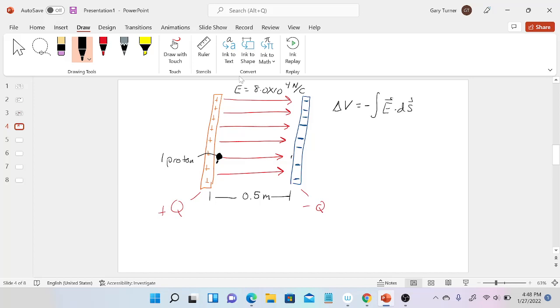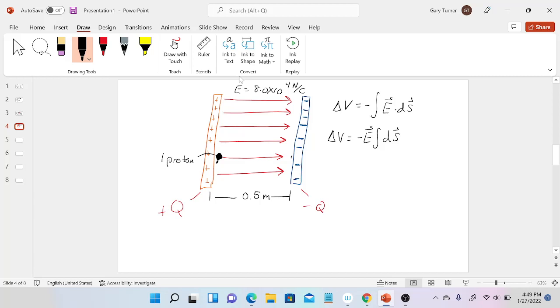Now, the particular case of charged plates is unique because if the electric field is relatively constant, then we can approximate that as a set number, and we can pull that out of the integral, and I'm just left with the integral of ds.